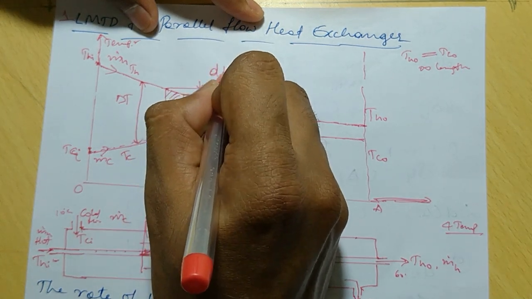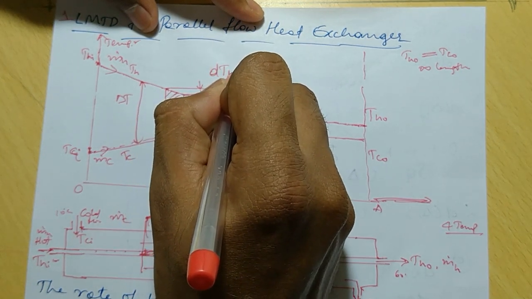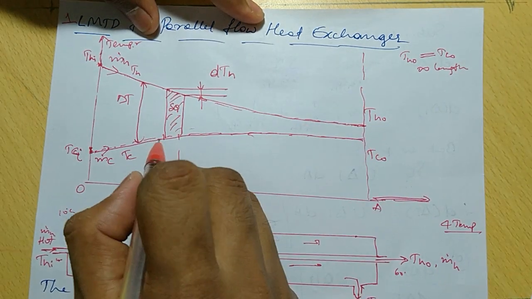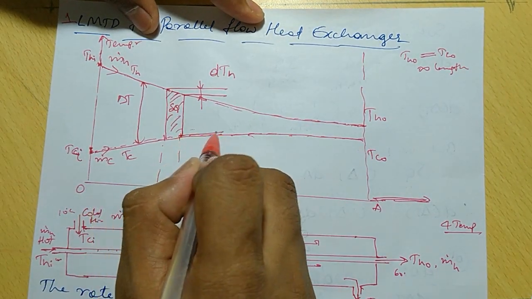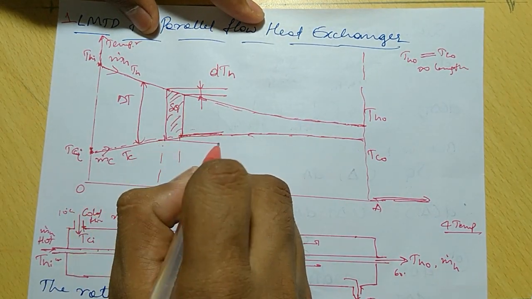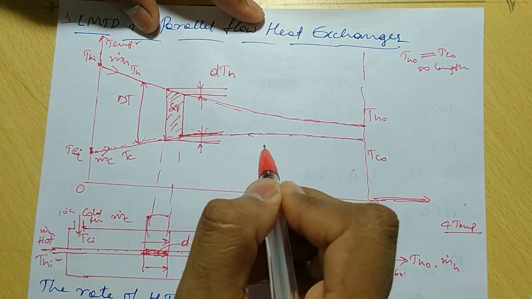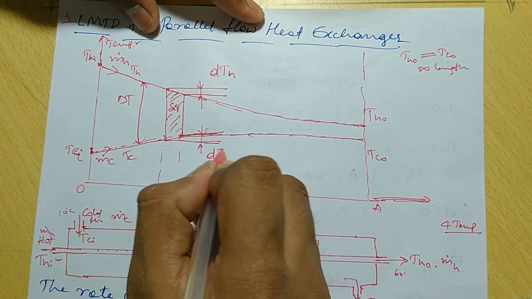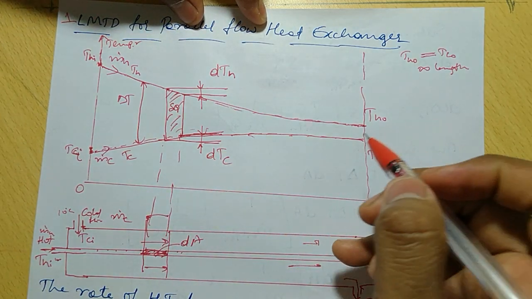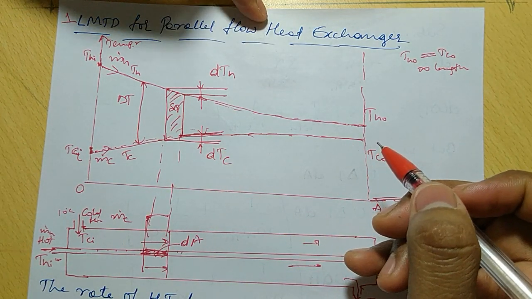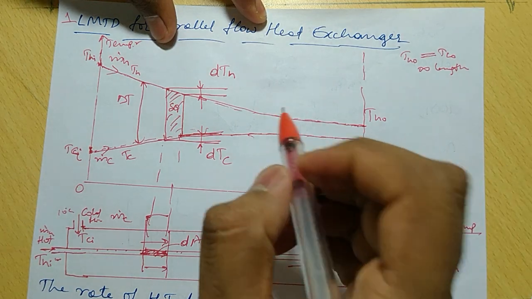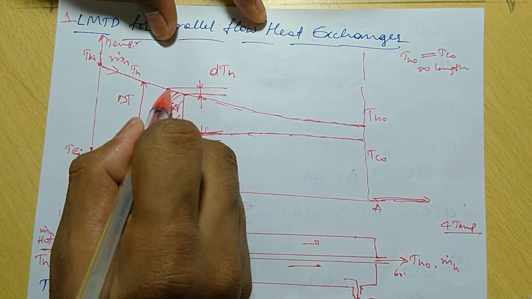I am going to call this DTH, the temperature difference of the hot fluid, and this one I will call DTC, the cold temperature difference.